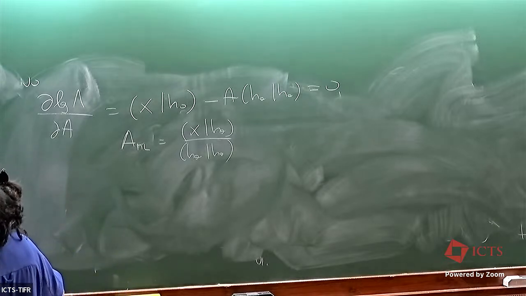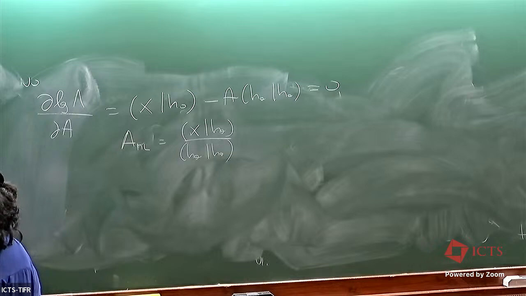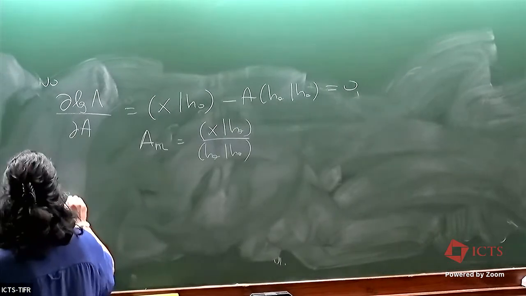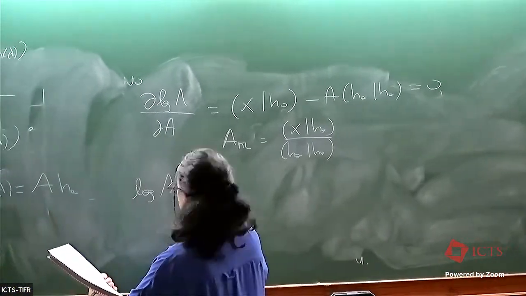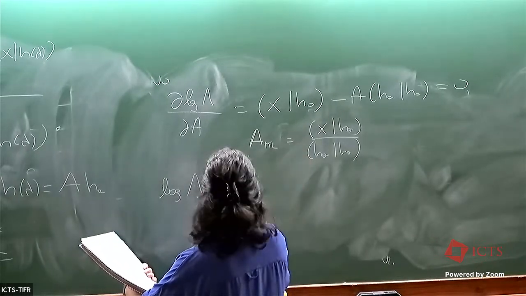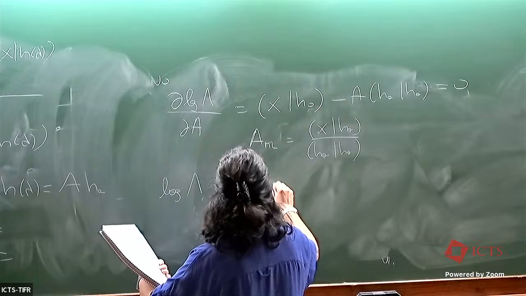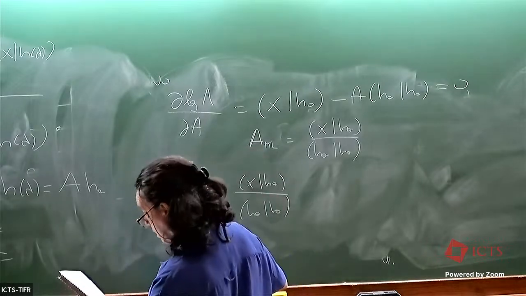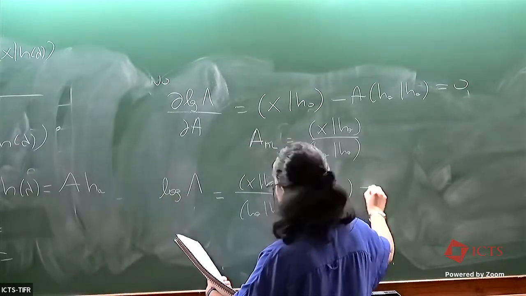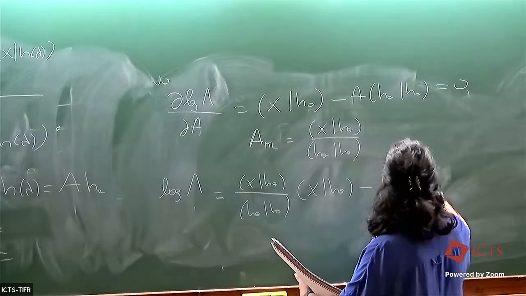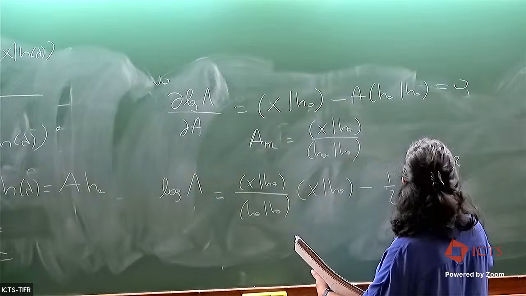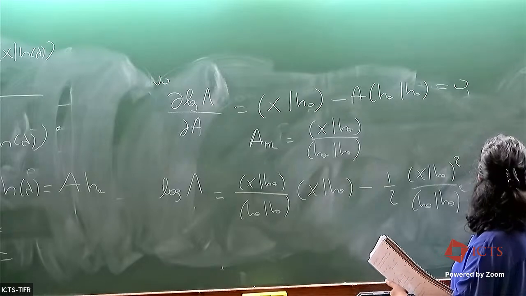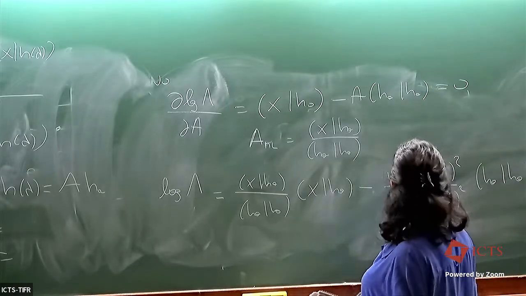And then what I will get is x with h, times x with h, minus 1/2 x with h squared, times h with h.